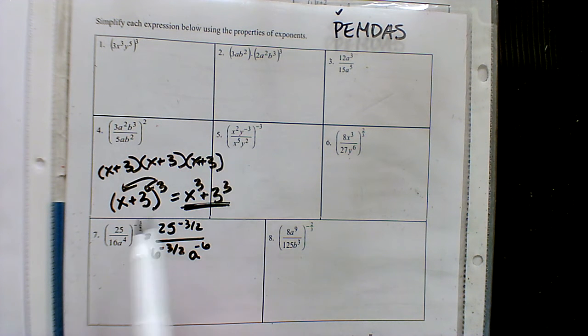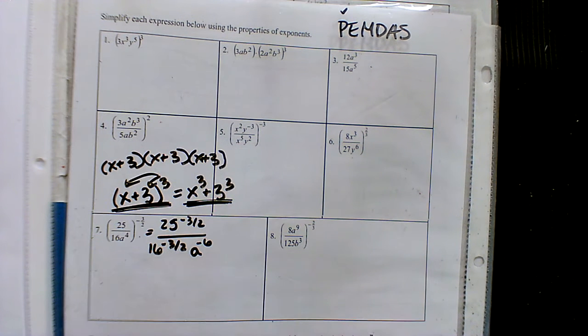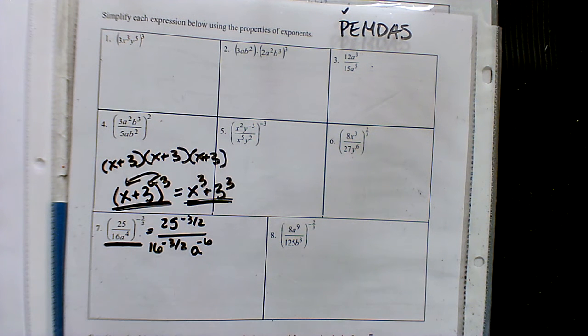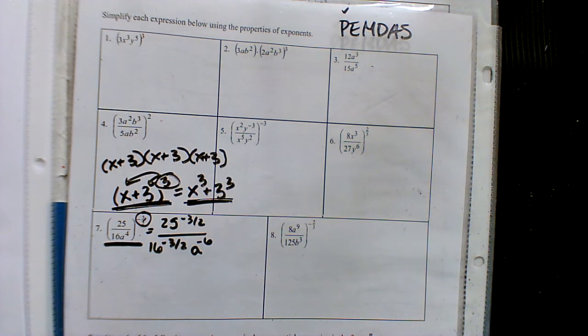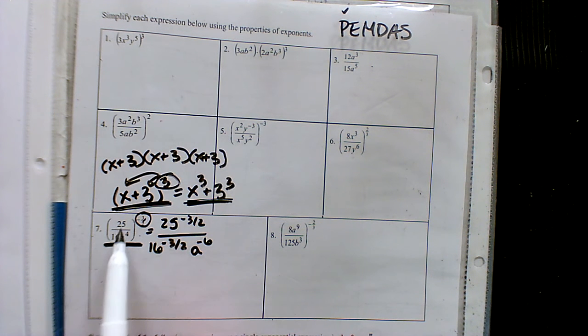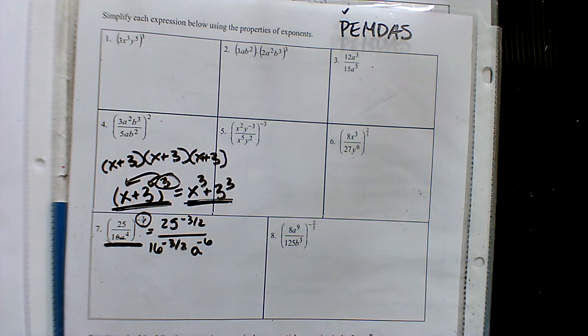What's the difference between the way this exponential base and power are written compared to this one? Why can we distribute this power in but not that one? Notice how in this example of 7, items are being multiplied together, like the 16 and a to the 4th, or divided. If you have any type of addition or subtraction, that property of exponents does not work.